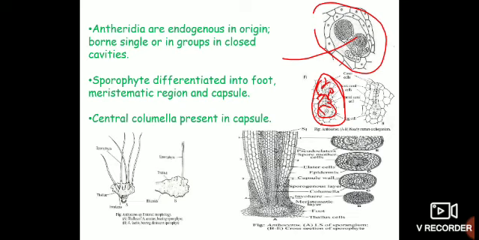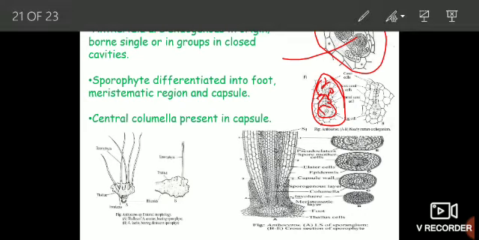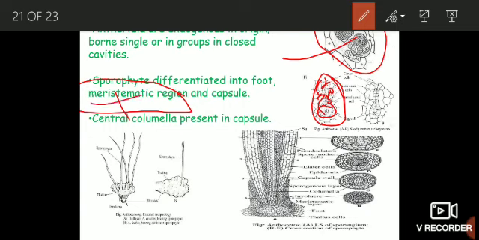Now something about their sporophyte. In Anthocerotopsida, the sporophyte is differentiated into three regions, and one very important feature is that you have a foot, then the seta is meristematic. This is very important. And you have a capsule, and this capsule is long and cylindrical.